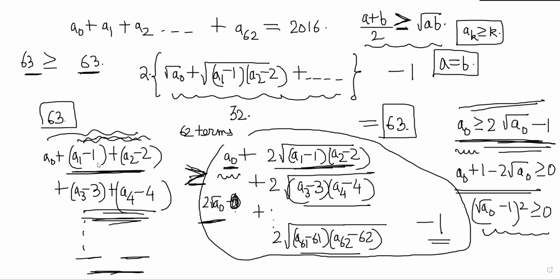So all the terms on which I have applied AMGM must be equal, right? So what you get is A1 minus 1 is equal to A2 minus 2. So basically this means A1 is equal to A2 minus 1, right? Correct?